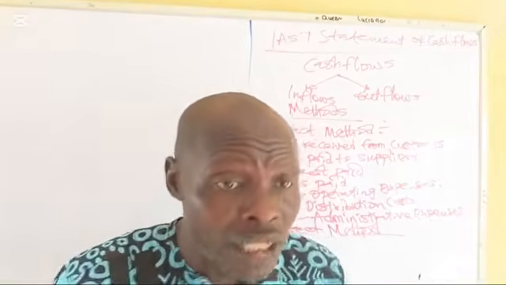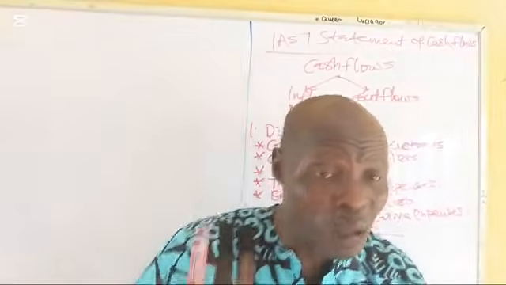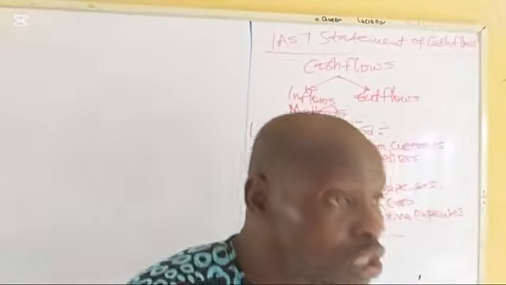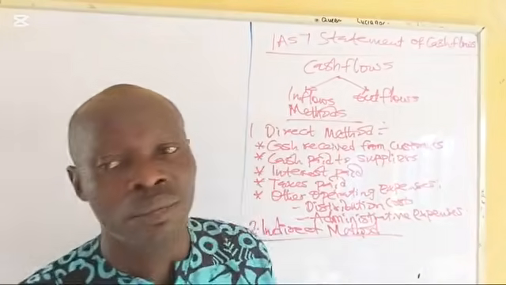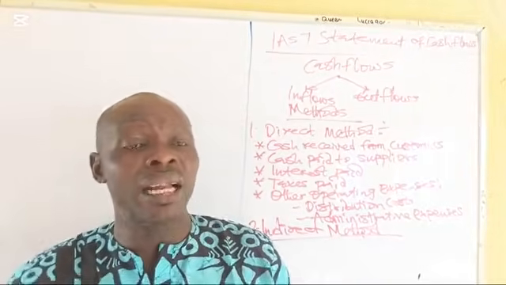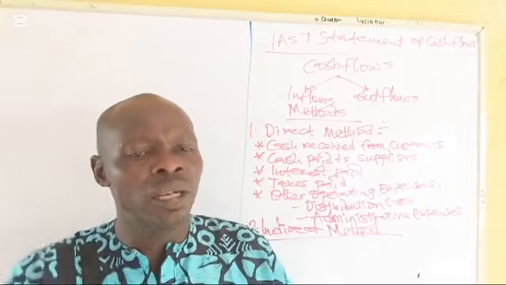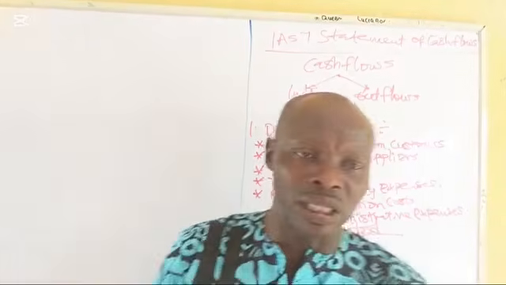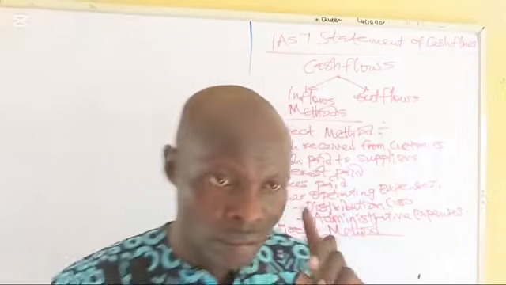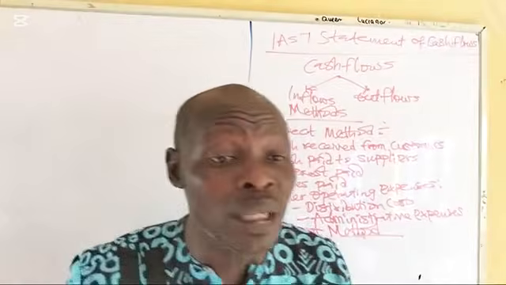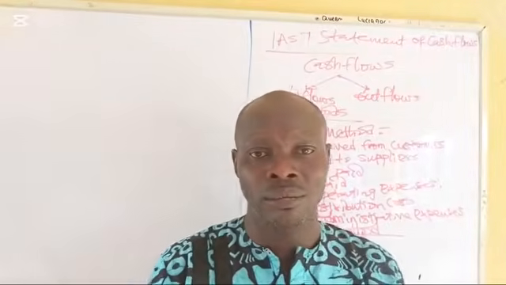Examples of non-cash items you may have in accrual financial statements include, number one, depreciation, amortization, depletion, and impairment loss. Accrual shows them, but cash does not.